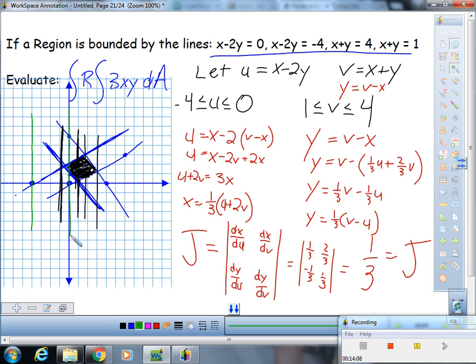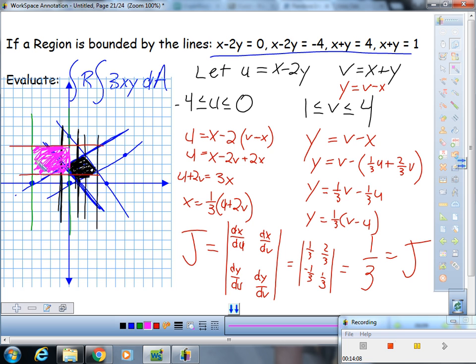Right? And what's v go from? v goes from 1 to 4. This is our region S in the uv plane.